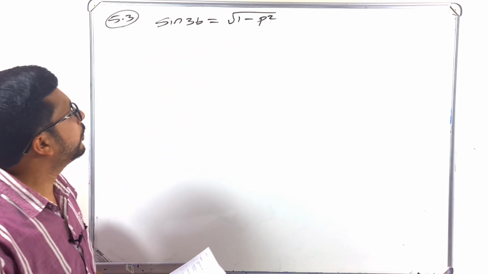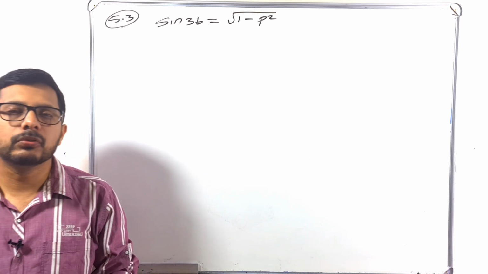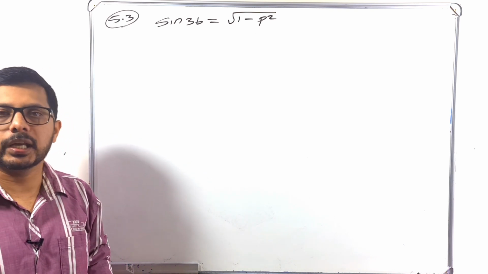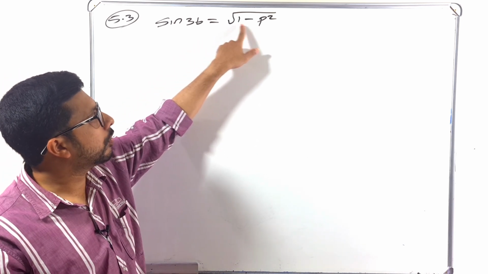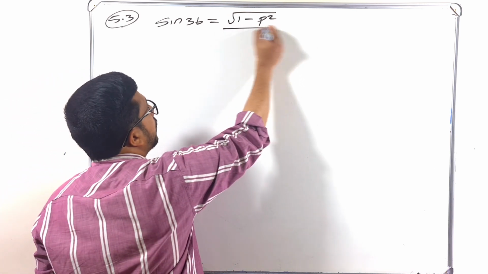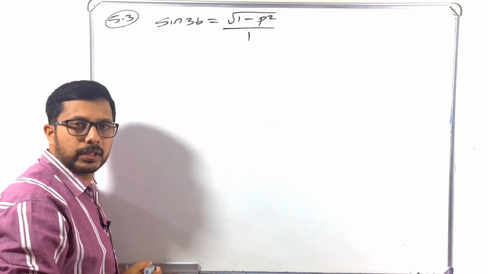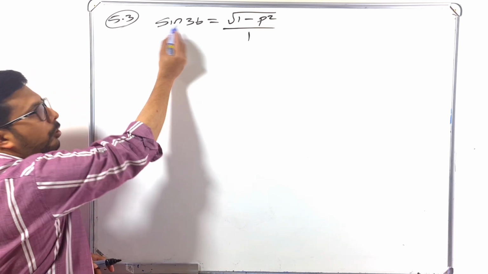Before we start, in this type of question, first of all we have to know what the x, y and r values are. So here, if I write root of 1 minus p square, what is the denominator? It is obvious that the denominator is 1. Now what is the definition? The trigonometric ratio is sine.